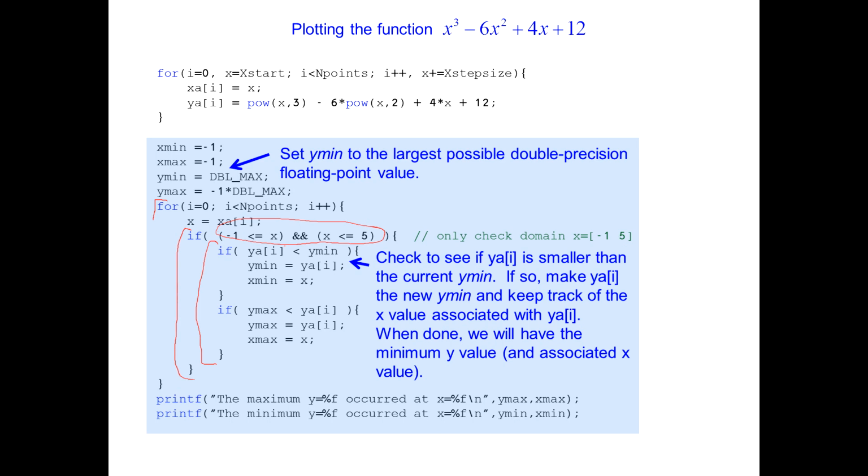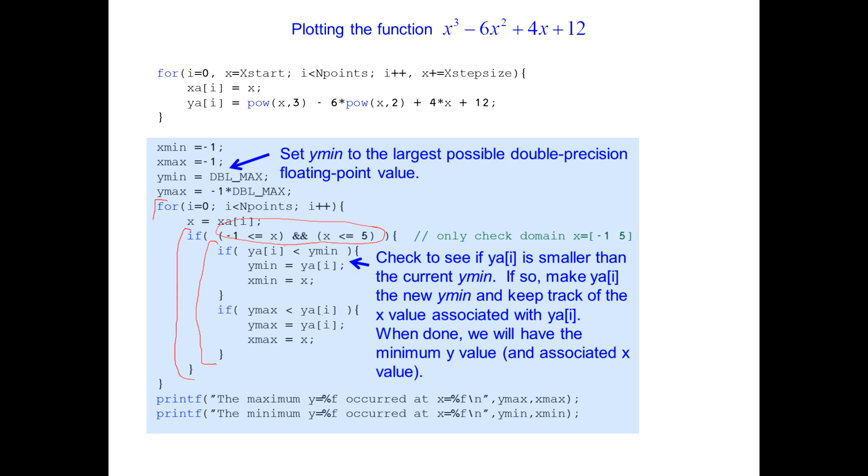Now here we do the same thing with y max. It is currently the most negative, and we're saying is our current value of y bigger than that? If it is, that is the new y max, and we also keep track of the current value of x associated with that y. We need to save that as well. So this goes through the entire array, checking it, and at the end we will have found the minimum and maximum points.